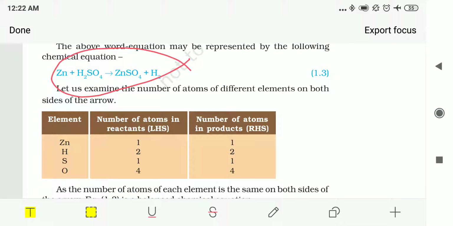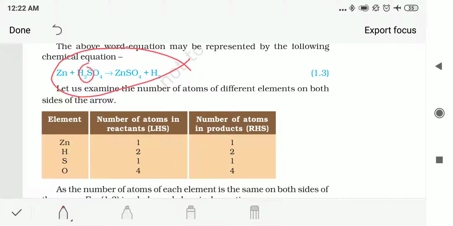On the reactants side, the left hand side, zinc has only one atom, and on the right hand side also zinc has only one atom. Next comes hydrogen. On the left hand side hydrogen has two atoms, and on the right hand side also two atoms. So we can say that zinc and hydrogen are balanced.